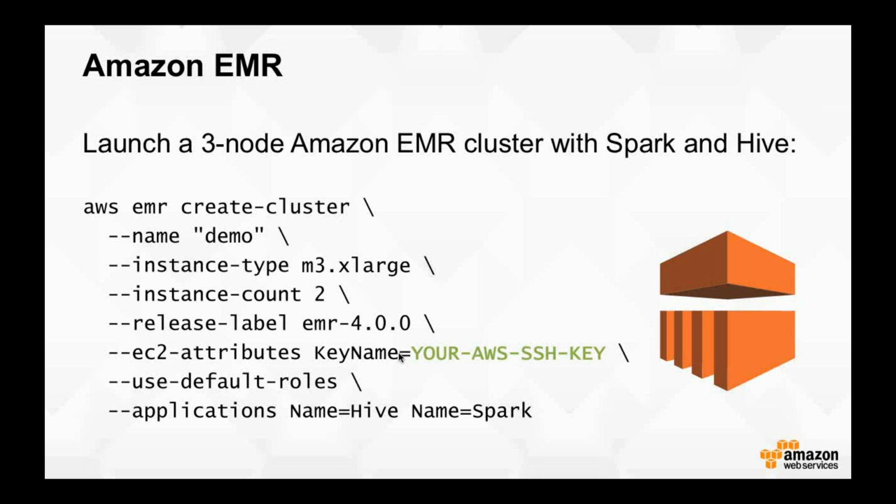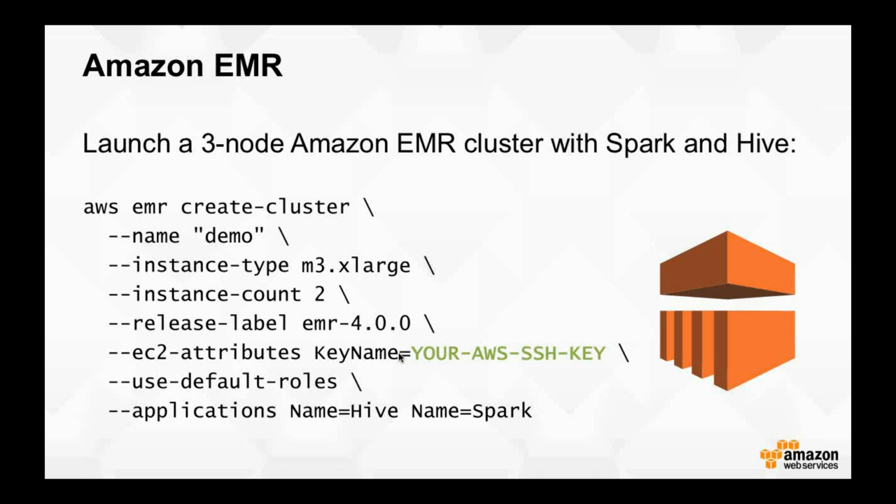So in Amazon EMR, we support two distributions. We support a commercial distribution of Hadoop called MapR, and we also support an Amazon distribution. We use essentially the open source Apache distribution of Hadoop with some included tools that integrate with the Amazon ecosystem.